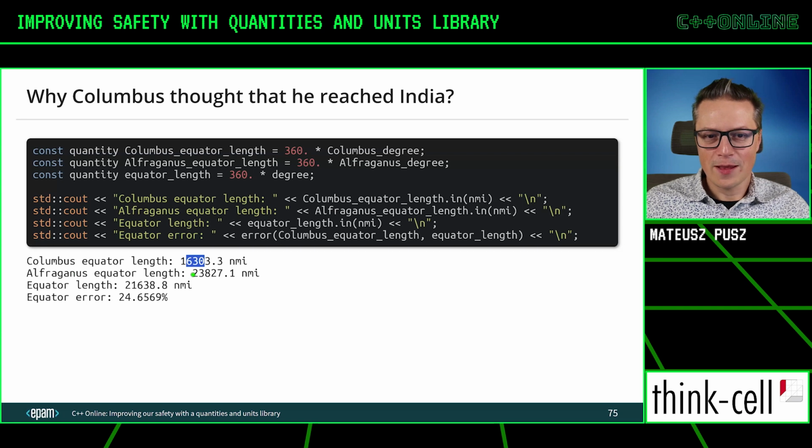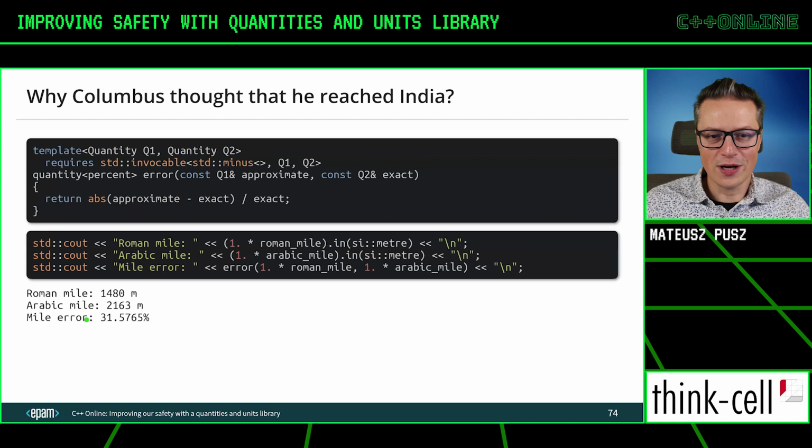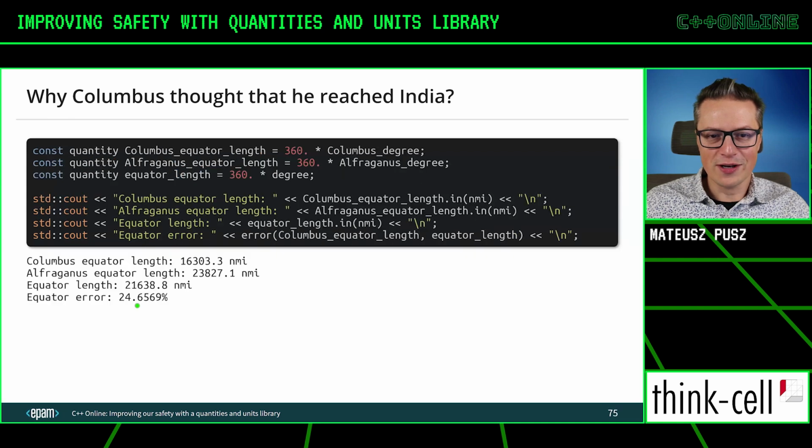Alfraganus claimed it is much bigger, but the actual length is in between. So it was actually quite good for Columbus, because instead of having 31% of error, he ended up with 24% of error when we talk about the actual length of the equator.